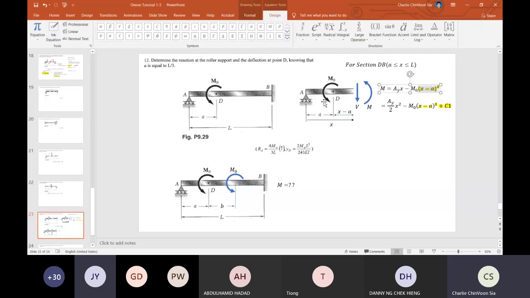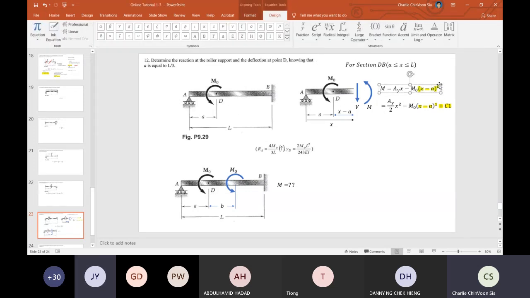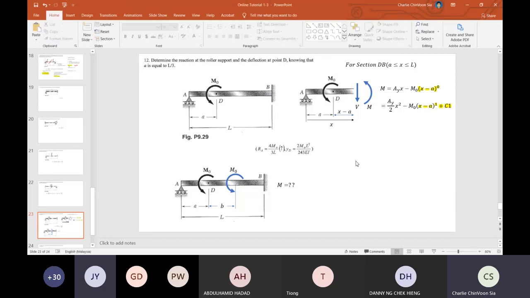Therefore, if the moment is located somewhere in between the beam, not at the end and not at the origin, then when you derive the second section you need to consider this. Based on this free body diagram, when you derive the moment equations, you need to write in this form. Why? Otherwise, how do we identify the location of the moment?